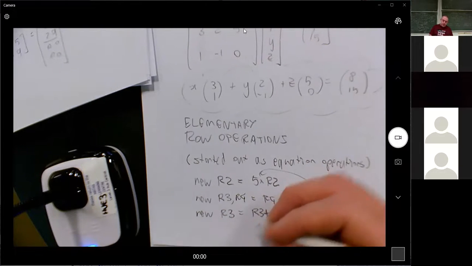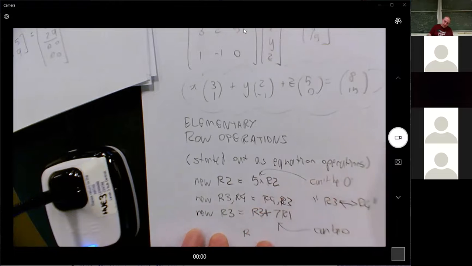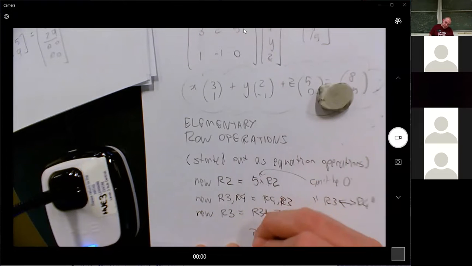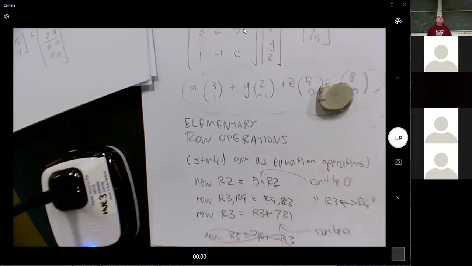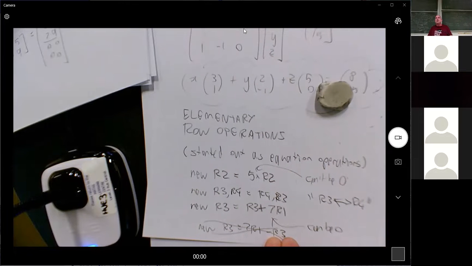We don't do 7 row 1 minus row 3. That is not an elementary row operation. It is still a perfectly good row operation, it's just not an elementary row operation, because row 3 appears in its answer as minus row 3.